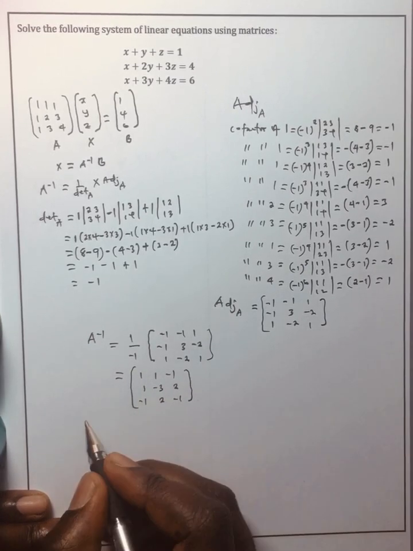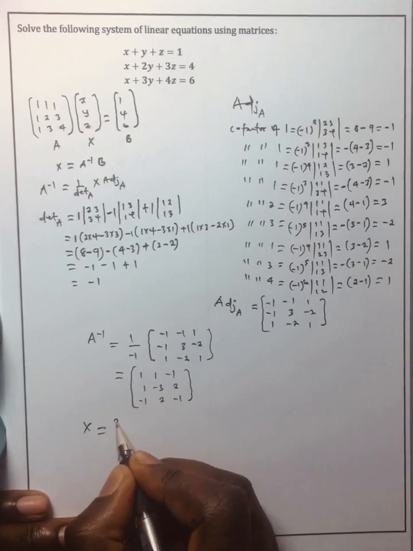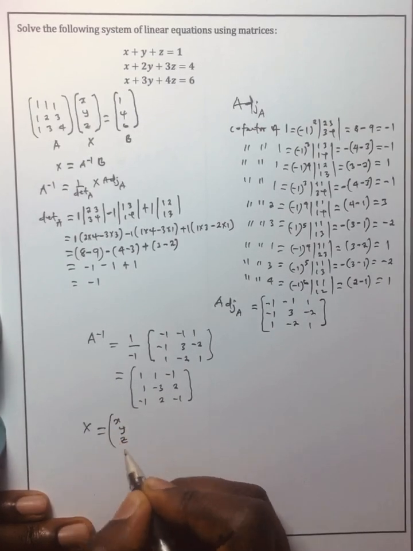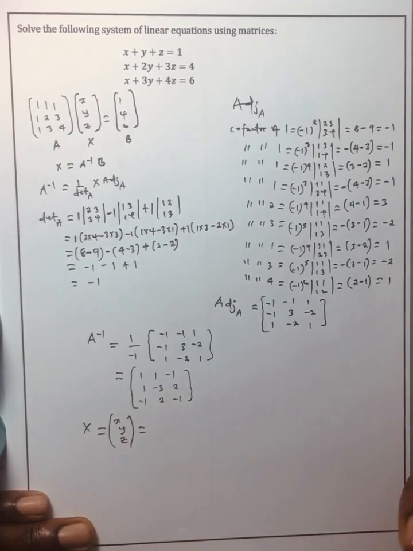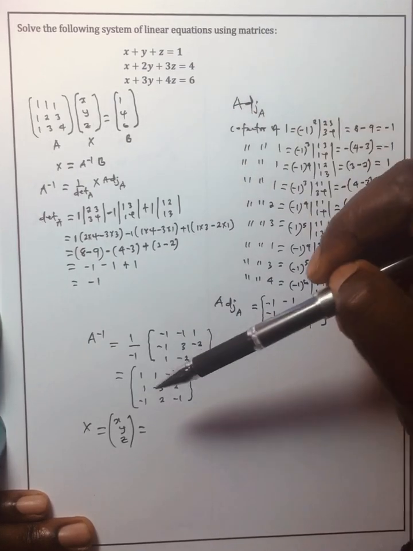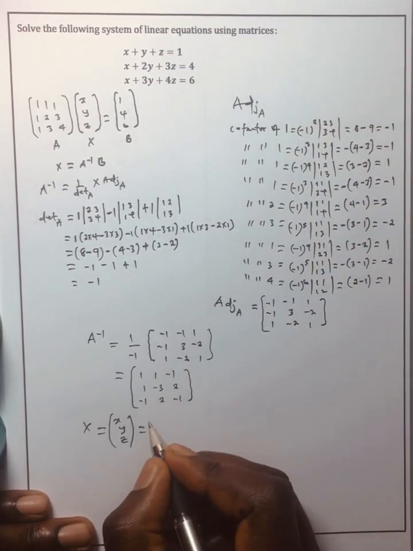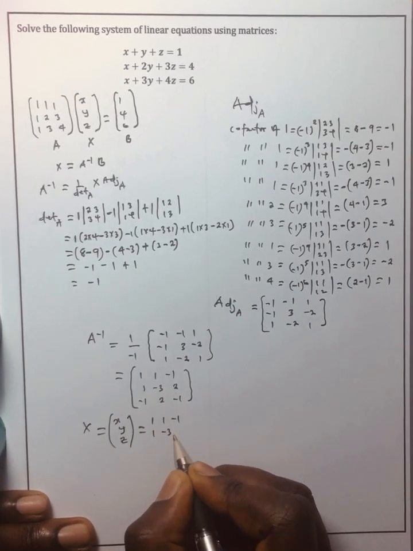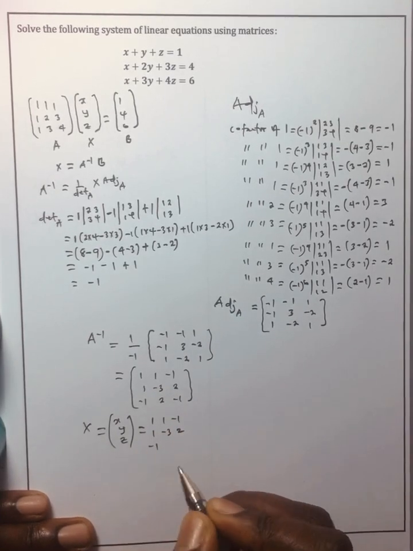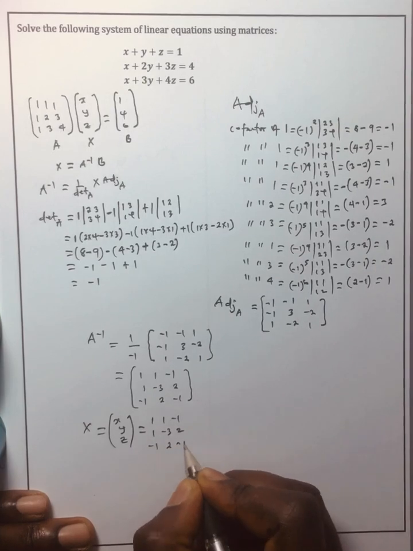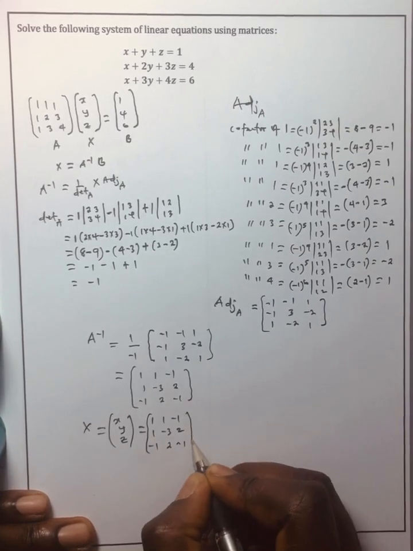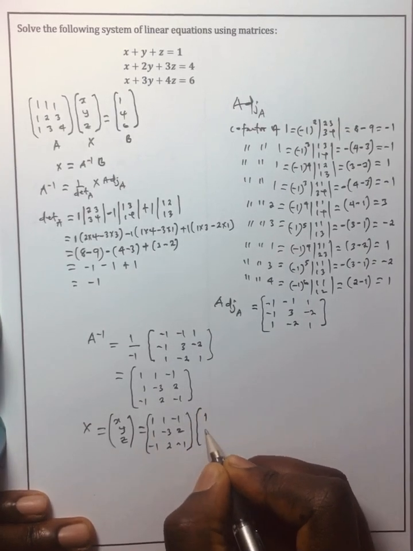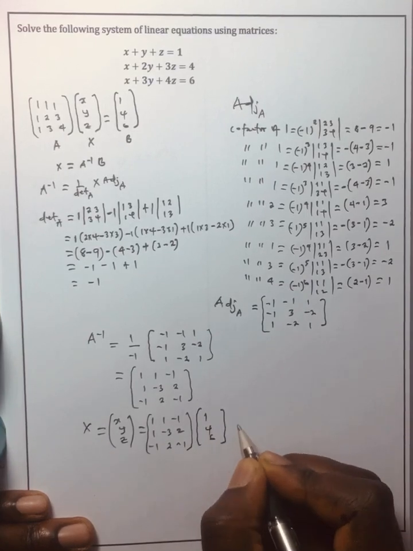So for us to get x, which is x, y, z, we're going to pre-multiply the matrix B by this inverse that we have. So we have 1, 1, negative 1, 1, negative 3, 2, negative 1, 2, negative 1, times 1, 4, 6.